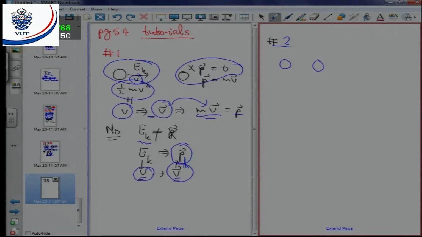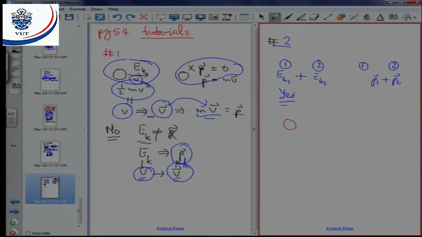So if object 1 has kinetic energy EK1 and object 2 has kinetic energy EK2, the question is, the total kinetic energy is not zero, can the total momentum P1 plus P2 be zero? And of course, as you can guess already, the answer is yes. Okay, so how does this work?